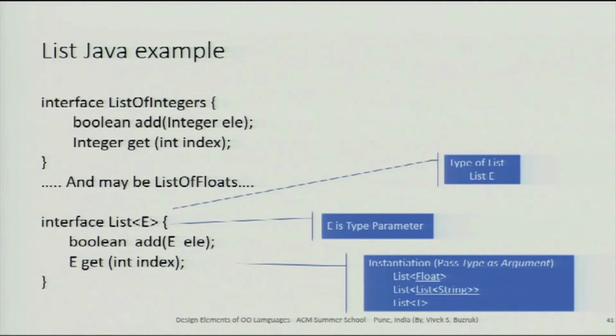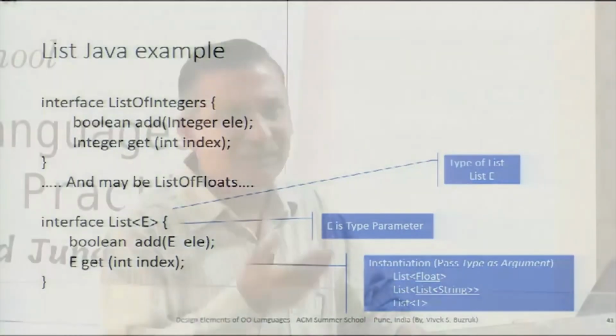You are using it in Java or even in C++. List of, let's say, integer: you instantiate that particular generic, or the polymorphic type. Whenever you say ArrayList of integer, ArrayList of strings, you are instantiating that ArrayList T, where T is a type parameter.